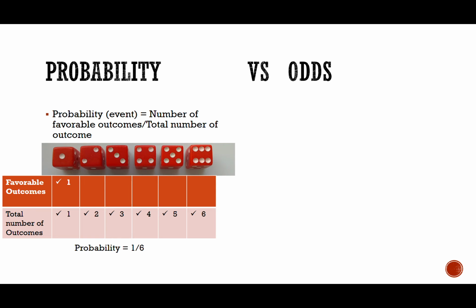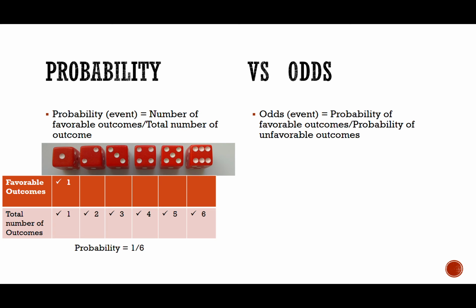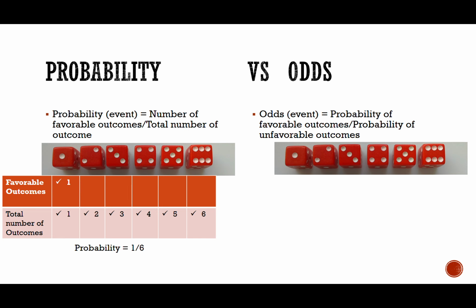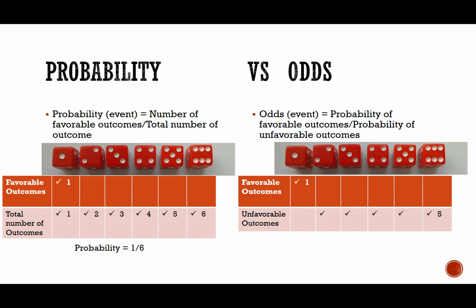So what's the difference between probability and odds? The odds of an event is equal to the probability of favorable outcomes over the probability of unfavorable outcomes. We are continuing with the same example. In this case, the favorable outcome of getting a 1 on a dice is 1. Unfavorable outcomes are the rest: 2, 3, 4, 5, 6.